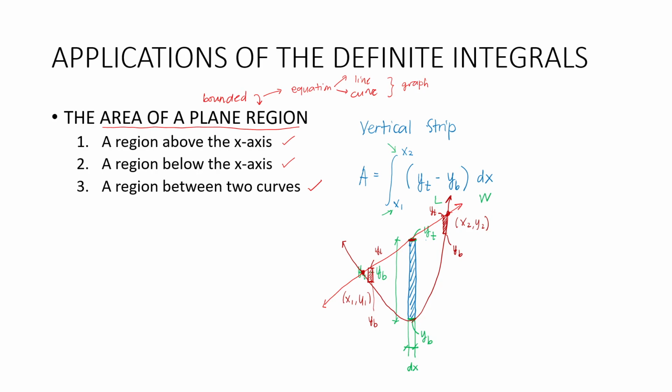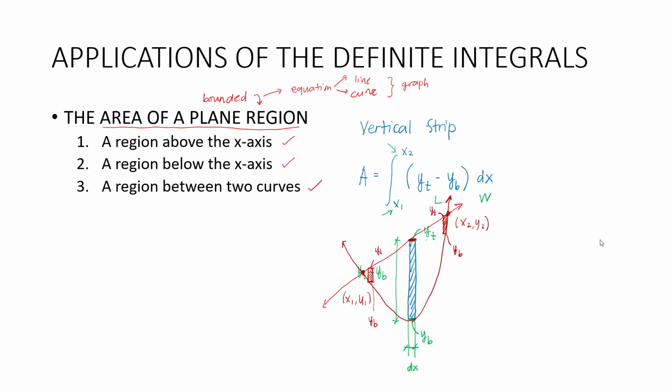A faster way of verifying that your vertical strip is okay is to place vertical strips at the leftmost portion, the middle part, and the rightmost portion. If they touch the same graphs, then the application of the vertical strip is okay all throughout the bounded region. So that would be for the vertical strip.